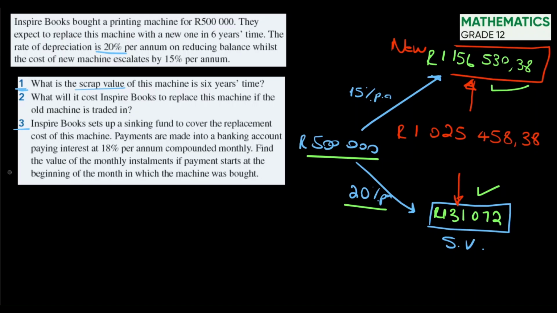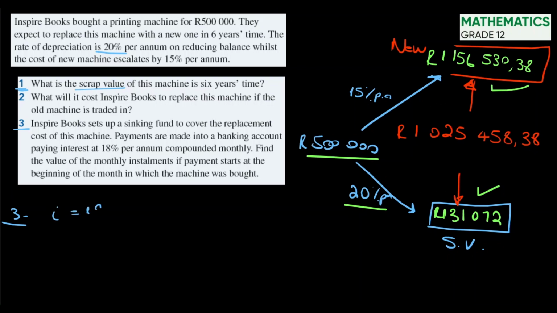So that's the value. They say Inspire sets up a sinking fund to cover the replacement cost of the new machine. The replacement cost of the new machine reaches 1,025,458.38. They're saying payments are made into a banking account, paying interest of 18%.